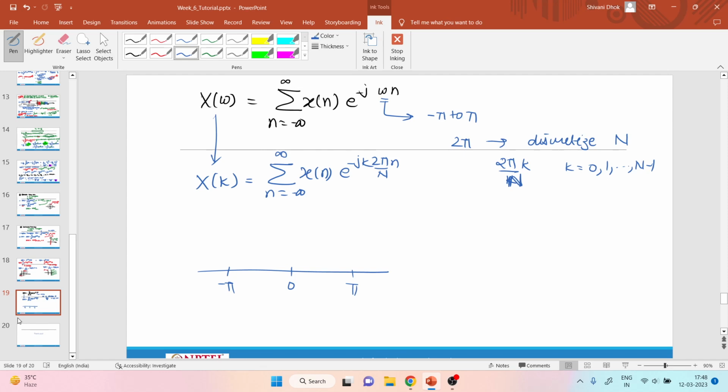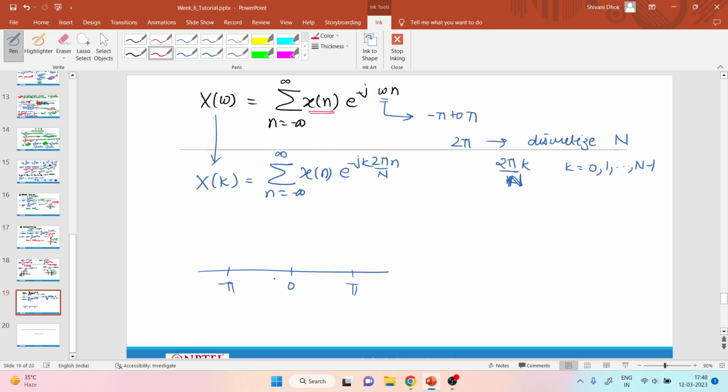What is the significance of minus pi to plus pi? You said the 2 pi range. For a discrete time signal, this frequency range is limited to minus pi to pi. When you sample it, the frequency range gets restricted to minus pi to pi, and then it again starts to repeat.